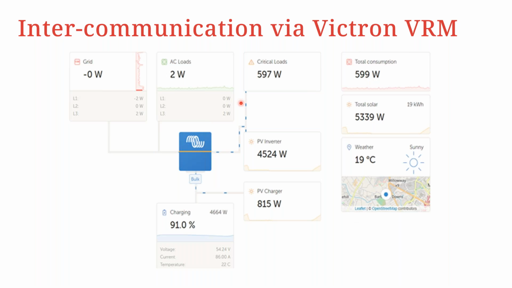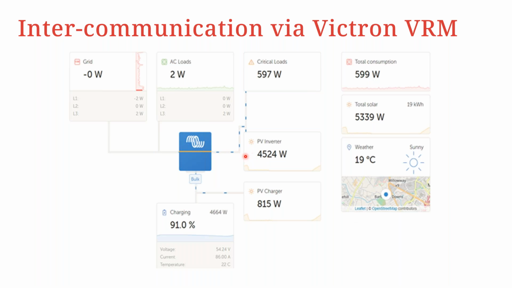So here, this is the Victron VRM portal, and this is a screenshot. Here we can see that the Fronius inverter feature is already there. It tells us this is a PV inverter.